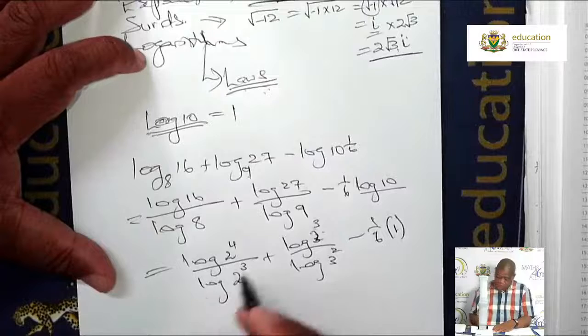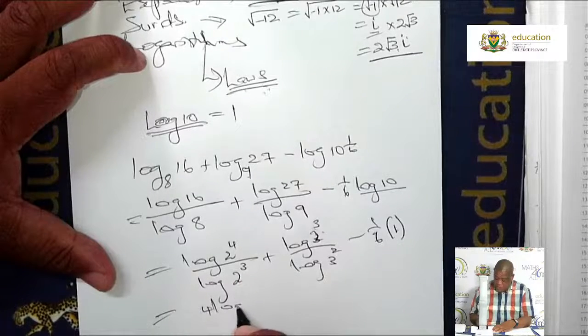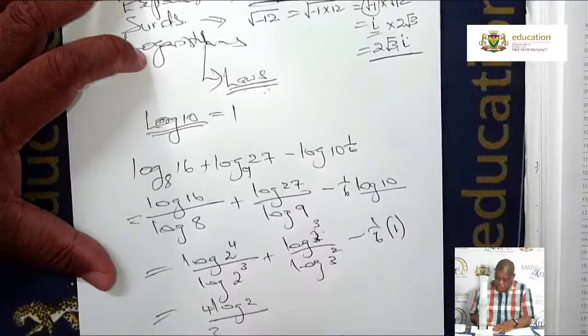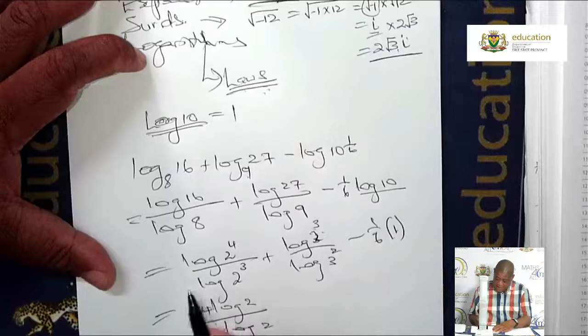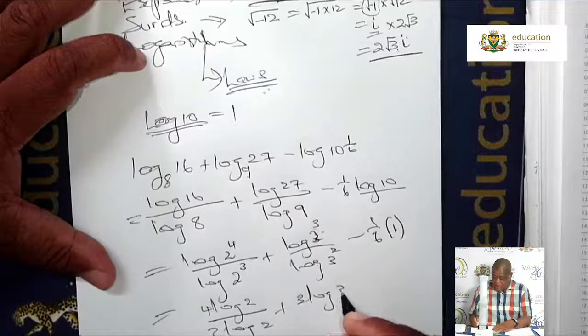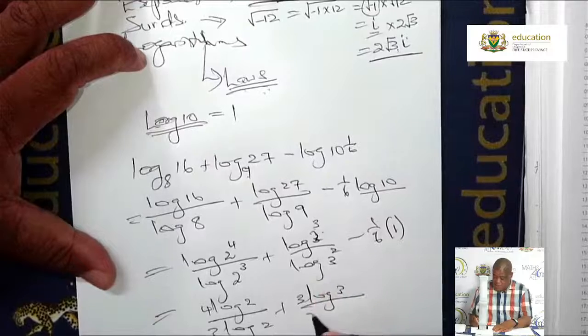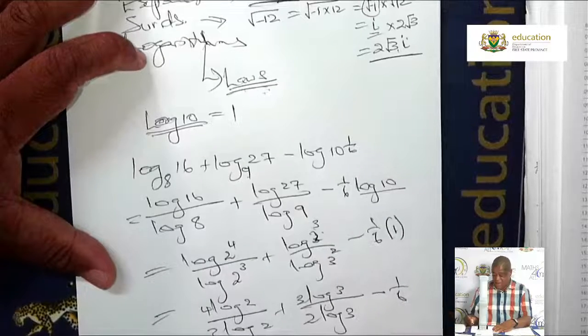And now law number 3 can be applied here. We have it as 4 log 2 over 3 log 2. That 4 came there, the 3 came over there, plus the same thing here: 3 log 3 over 2 log 3, then minus 1 over 6 times 1, it's just 1 over 6.